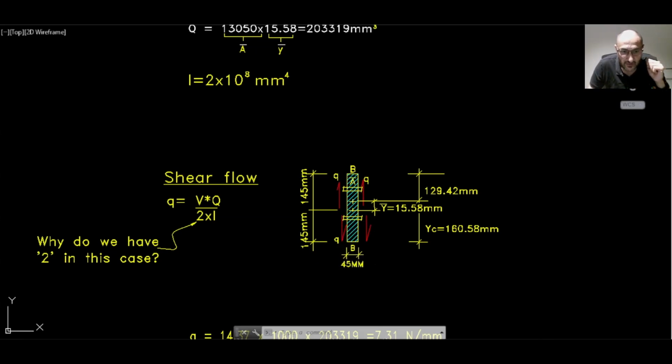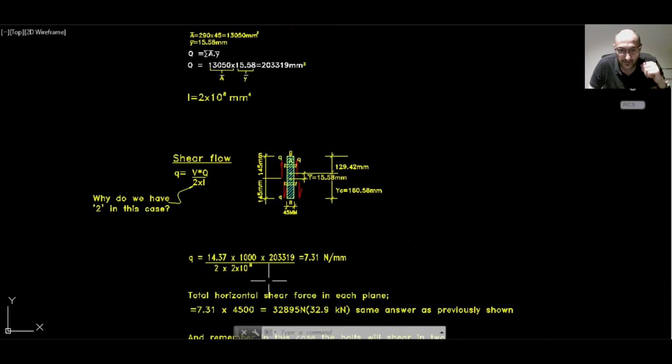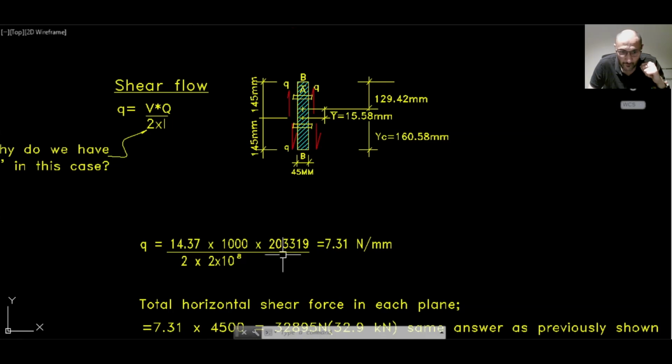So Q in this case will be 14.37 multiplied by 1000, and this is the shear force multiplied by 1,000 to convert it into Newton, multiplied by the first moment of area, divided by 2, which is 2 shear planes, times I, which is 2 times 10 to the power 8. And that will give us 7.31 Newton per millimeter.